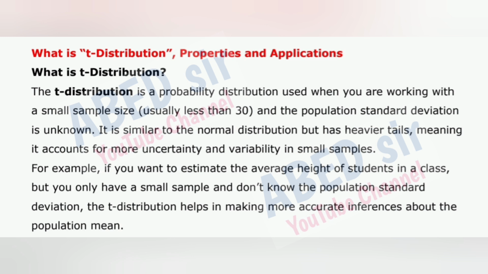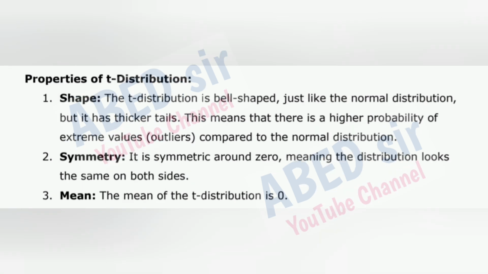It is similar to the normal distribution but has heavier tails, meaning it accounts for more uncertainty and variability in small samples. For example, if you want to estimate the average height of students in a class, but you only have a small sample and don't know the population standard deviation, the t-distribution helps in making more accurate inferences about the population mean.